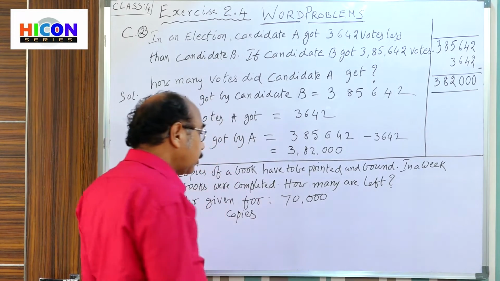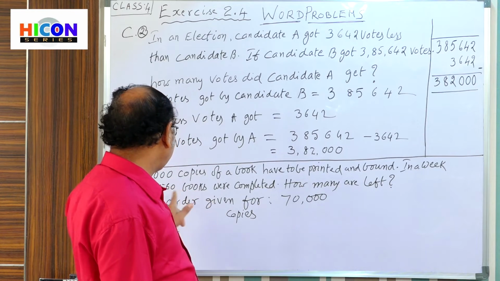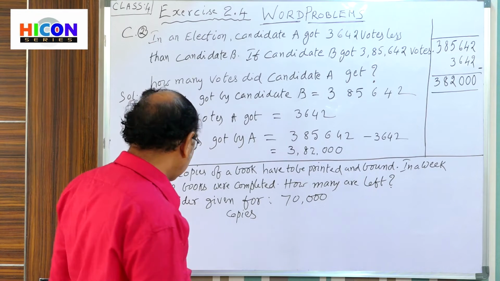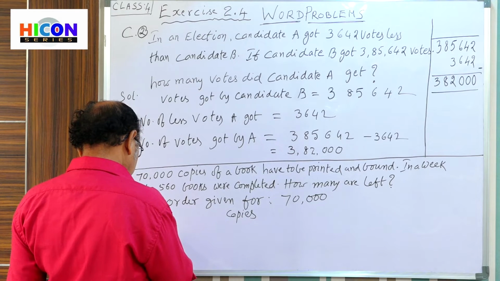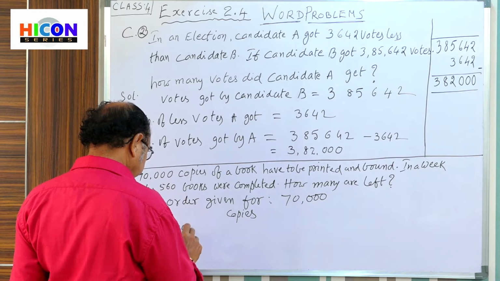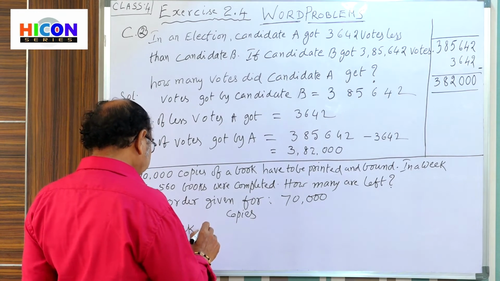70,000 copies. But how many books were completed? Only 34,560 books only were printed. So, number next to in a week, completed books.